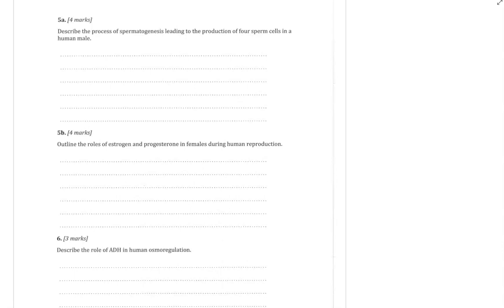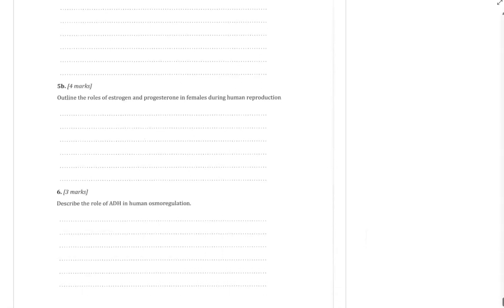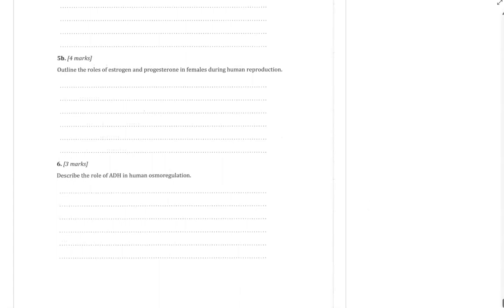And then outline the roles of estrogen and progesterone in females during human reproduction. So they're there for the thickening and development and maintenance of the uterine lining. Estrogen will also stimulate the LH secretion, which stimulates ovulation. Progesterone maintains the uterus lining.